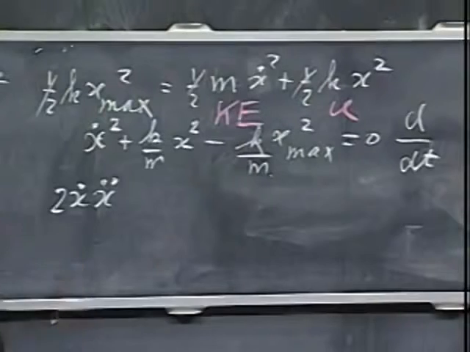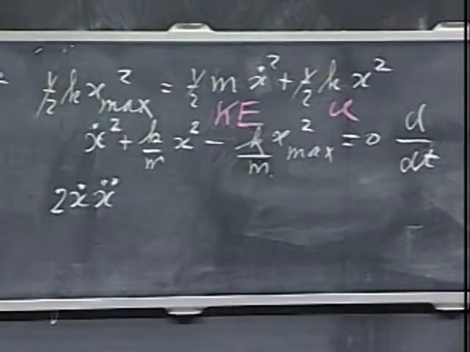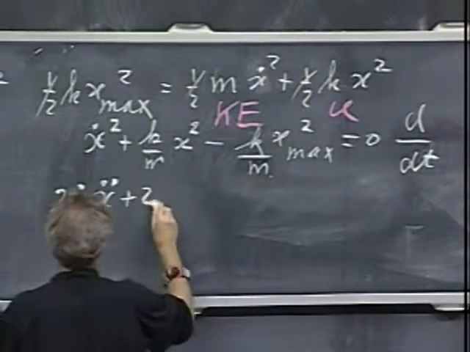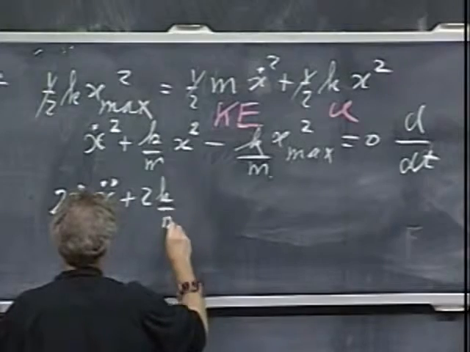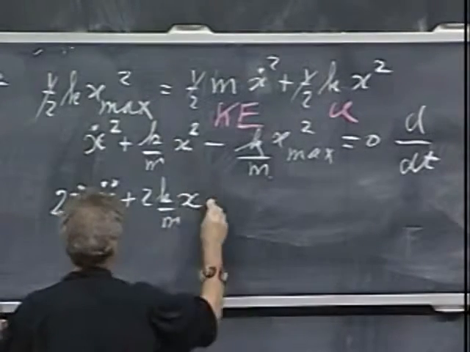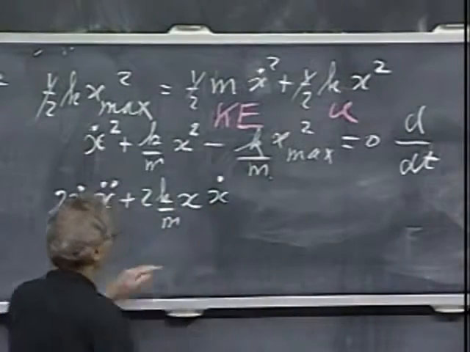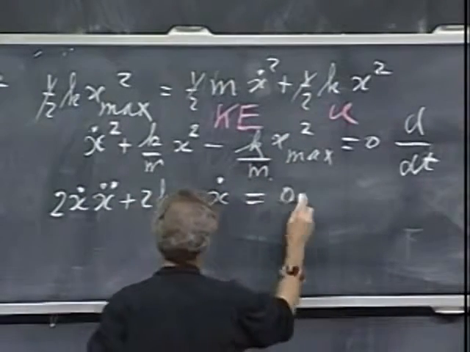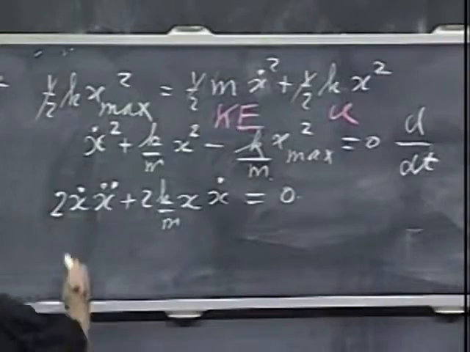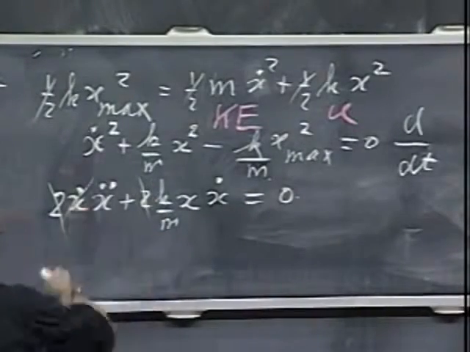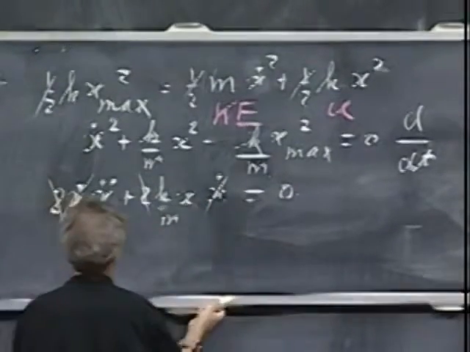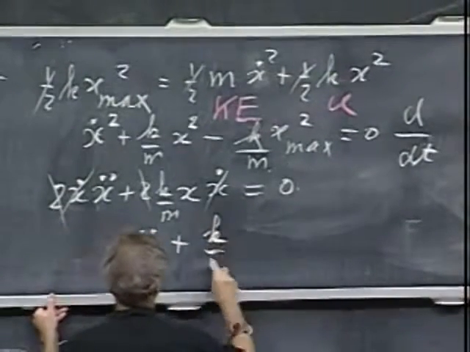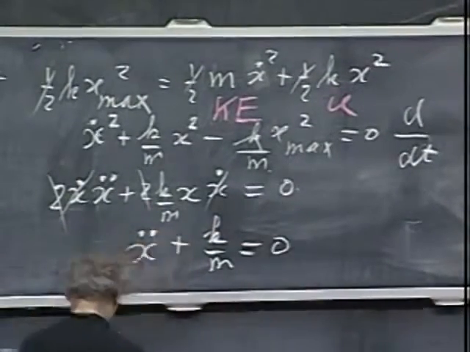So I also get x double dot, the second derivative, the acceleration, plus I get a 2k over m times x, with the chain rule gives me an x dot. This is a constant, that's the total energy when I started, so the whole thing equals 0. I lose my 2, I lose my x dot because it's 0, and what do I find? x double dot plus k over m x equals 0.